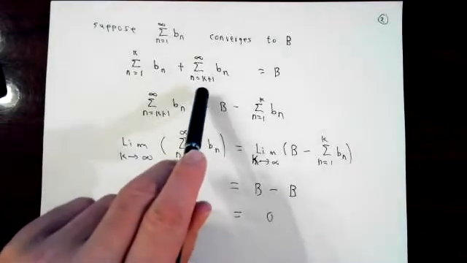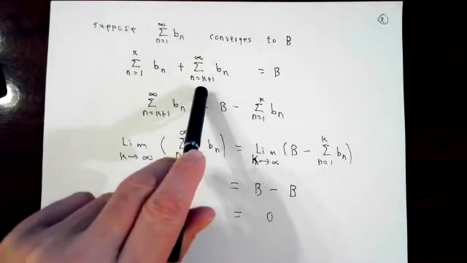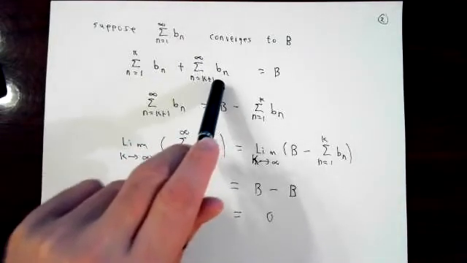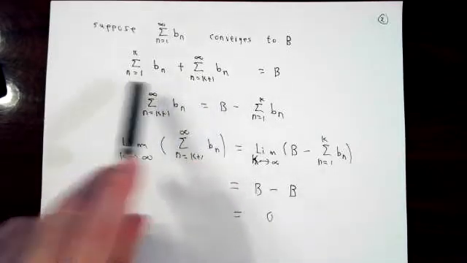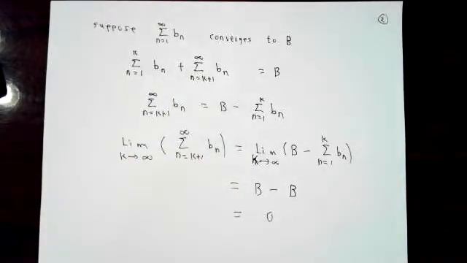How do I know that the sum n equals k plus 1 to infinity of b sub n converges to anything? It's because that's the same as the original B series with the first k terms set equal to 0. As we've seen, changing a finite number of terms in an infinite series doesn't change whether it converges or not. So it is legitimate to split the infinite series up into these two chunks.